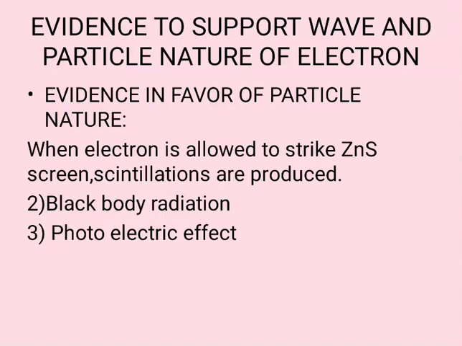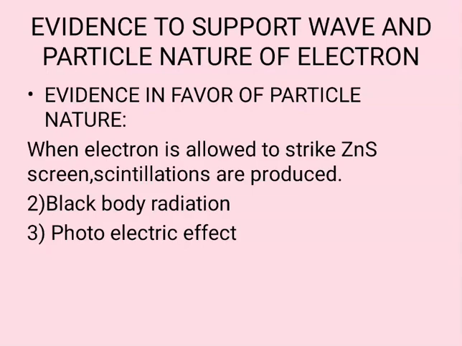So that means it has got particle-like character. Now it can be further supported by scintillations, that is, when an electron is allowed to strike a zinc sulfide screen, scintillations are produced. So scintillations point out the particle nature of electron.